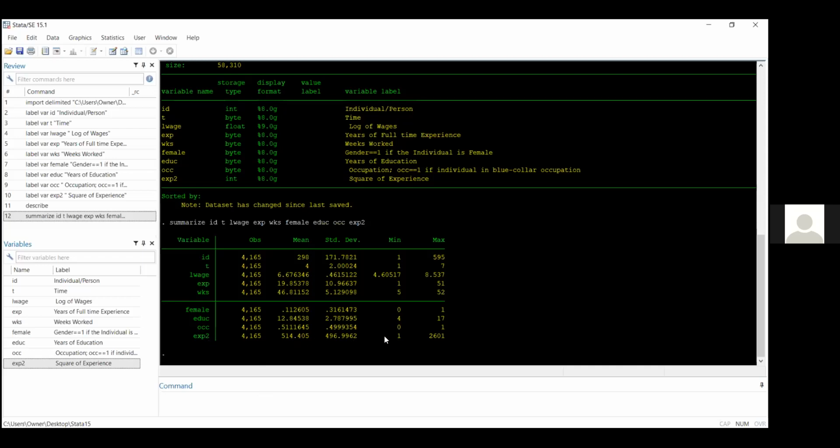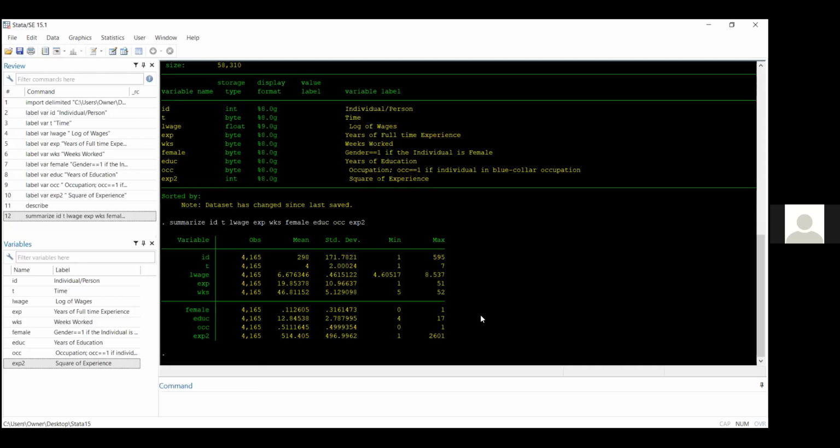Experience squared. Why would you square experience in this case? Or why would you square an independent variable in an estimation? Just like people interact variables, for instance, education interacted with female, what are you looking for?